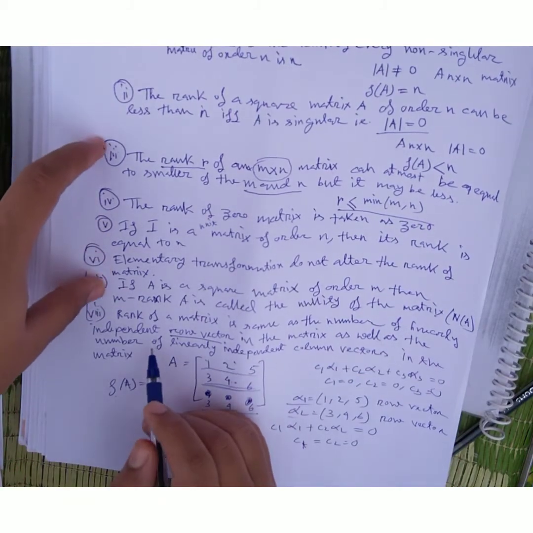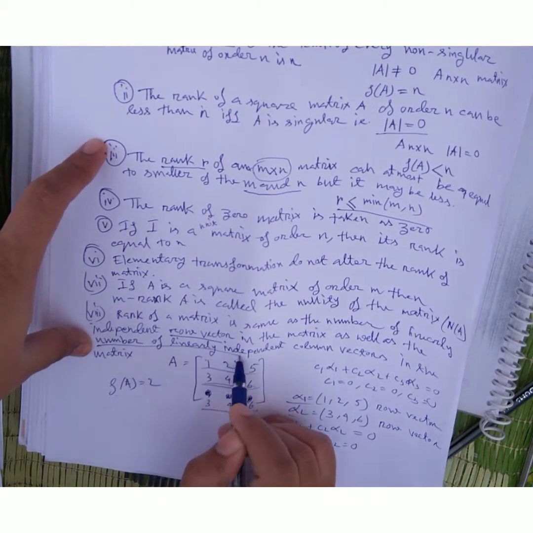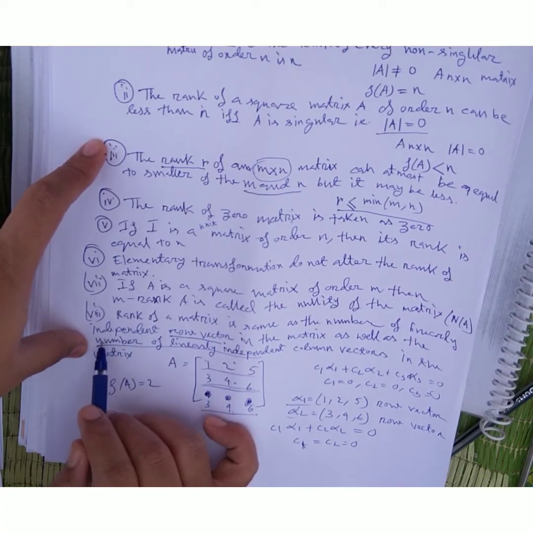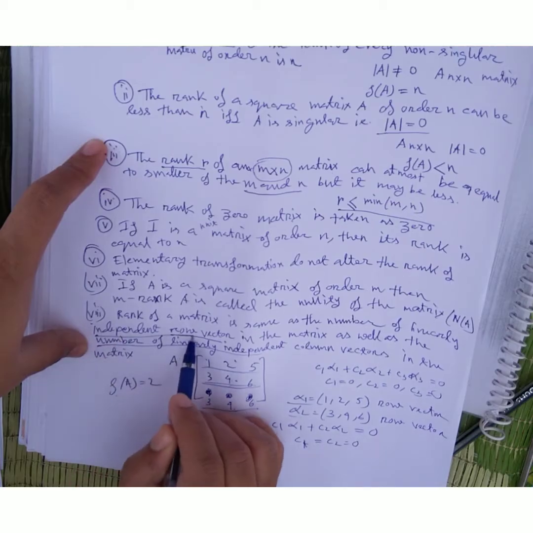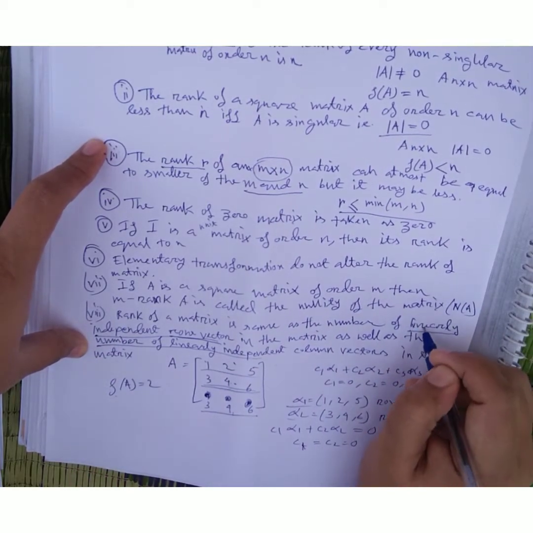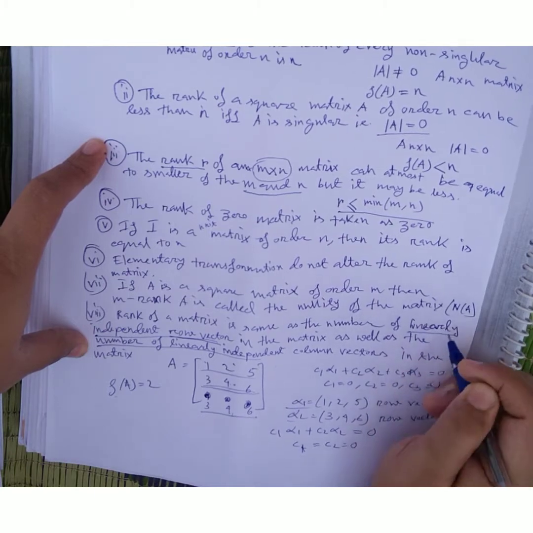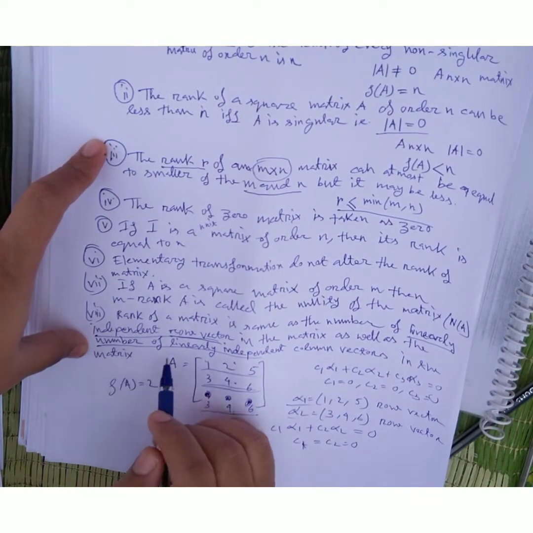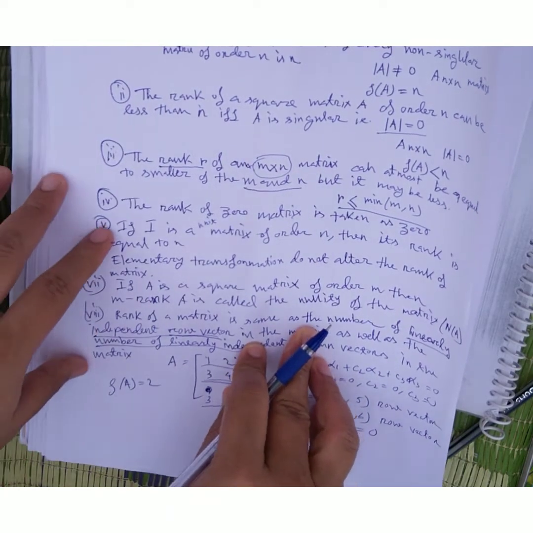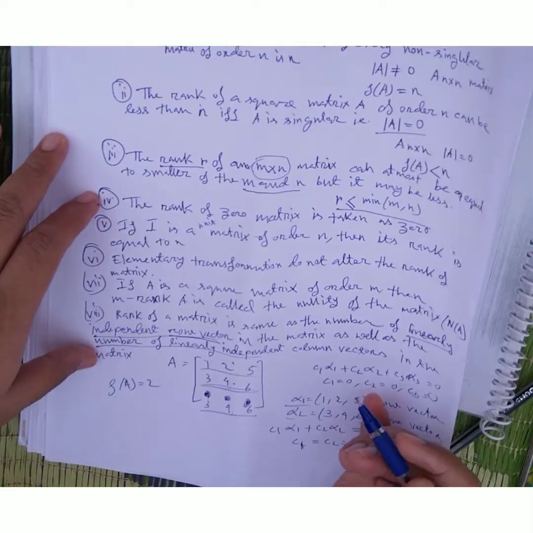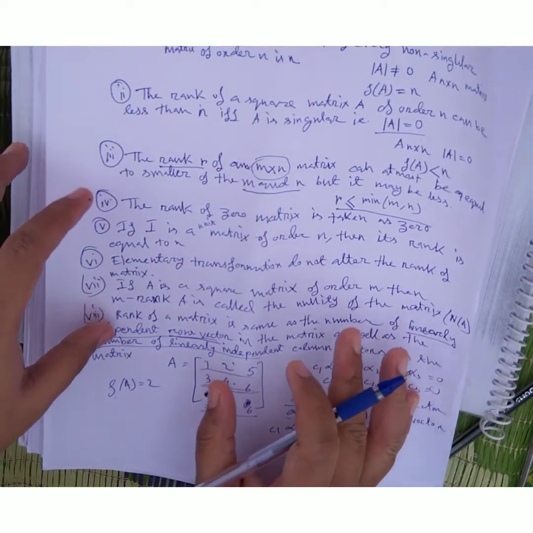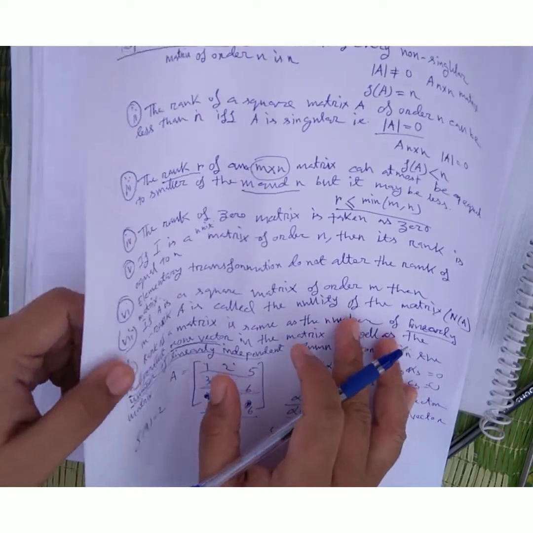So the number of linearly independent row vectors and linearly independent column vectors is the same. So I hope it is clear for everyone, and I will go next.